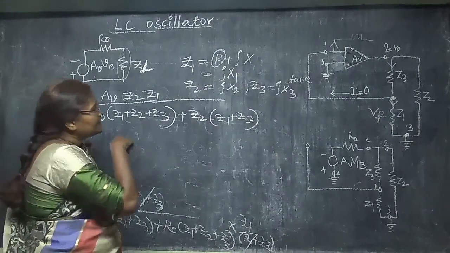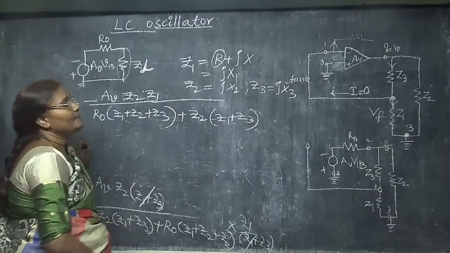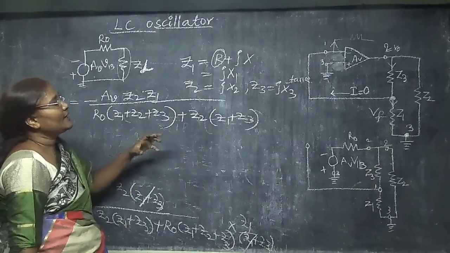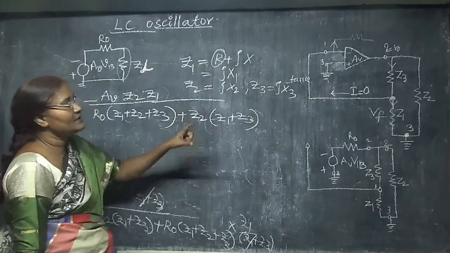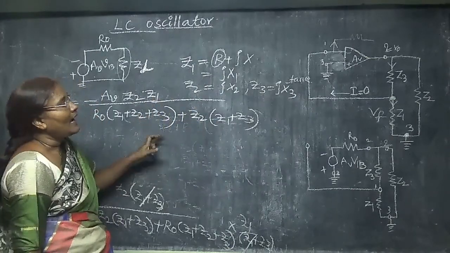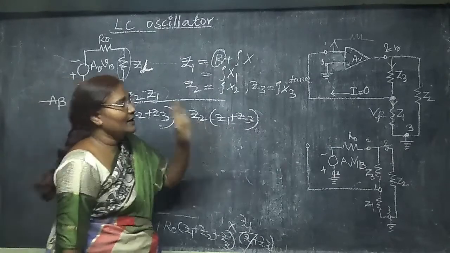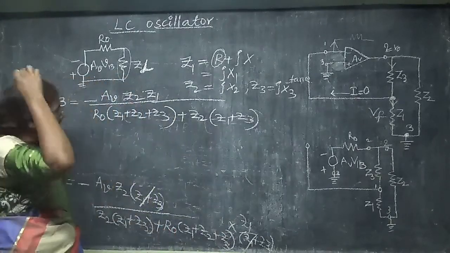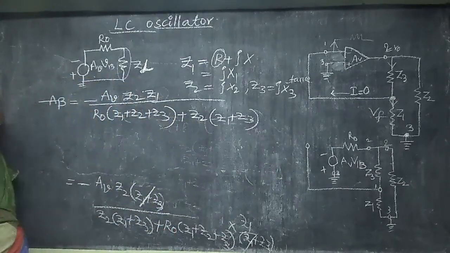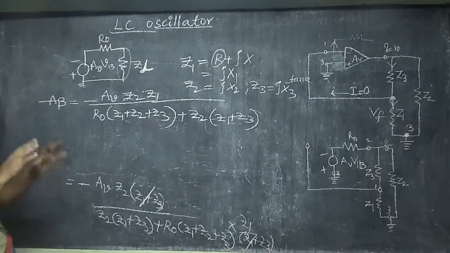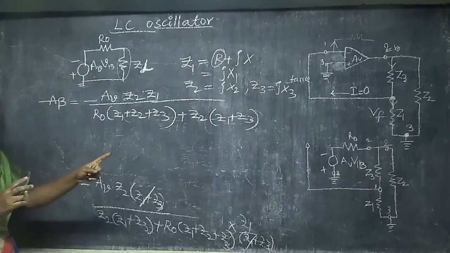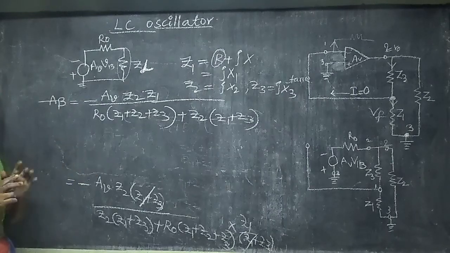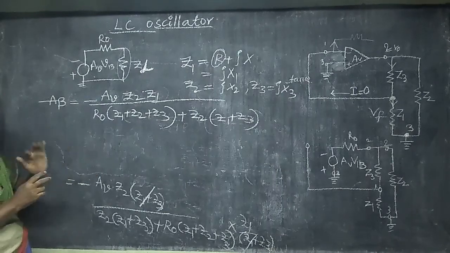Sometimes we will consider two capacitors and one inductor, and two inductors and one capacitor. If you consider them this way, we get two types of LC oscillators: one is the Colpitts oscillator and the other is the Hartley oscillator, that we are going to see now.